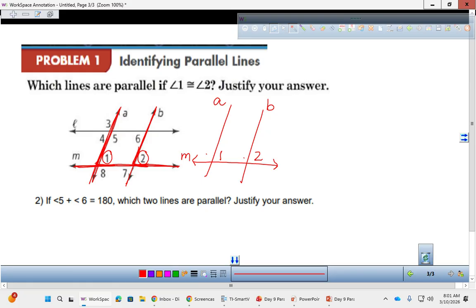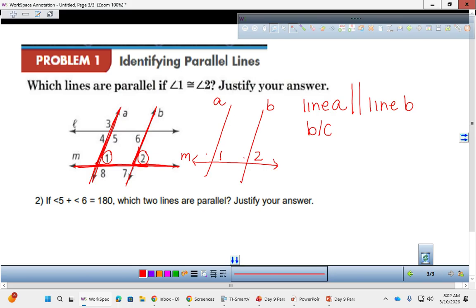Well, look at the picture. Which two lines look parallel in my redrawn picture? So we would say line A, and then our symbol for parallel, we talked about that yesterday, looks kind of like an exaggerated 11. Line A is parallel to line B, and then we will say because... Now we need to state the angle relationship between angles 1 and 2.